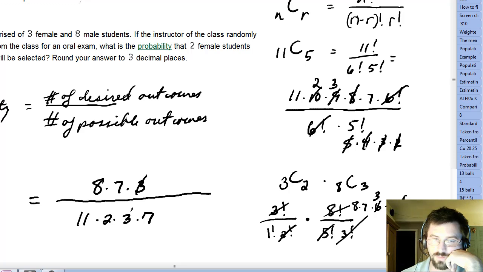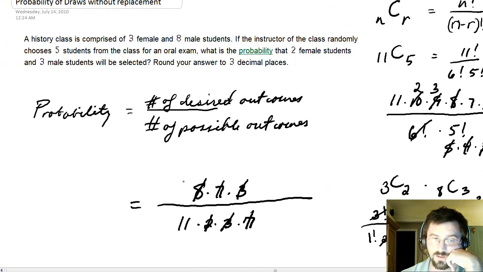The 3 and the 3 go away, the 7 and the 7, and the 2 goes into the 8 4 times, so I'm left with 4 over 11. And that is my probability of 2 females and 3 males.